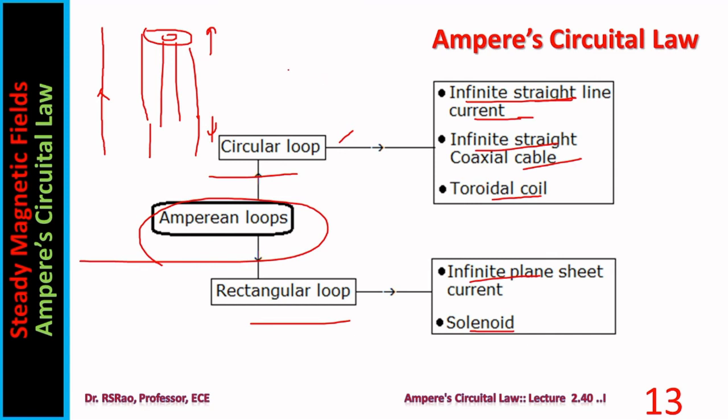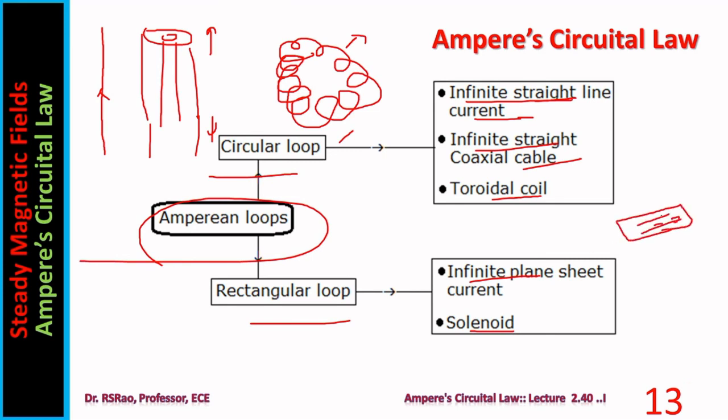Toroidal coil means take a coil like this and close it, one end to the other end. This is a toroidal coil. The cross-sectional area may be rectangular, circular, or whatever it is. Infinite plane sheet means a plane sheet carrying some current, extended to infinity in all four directions.